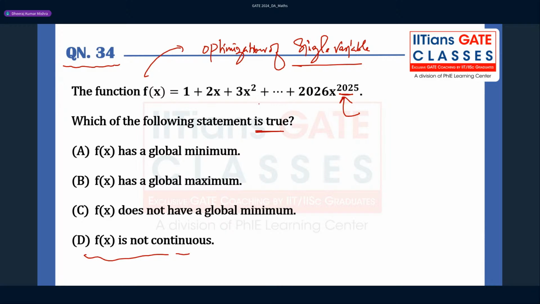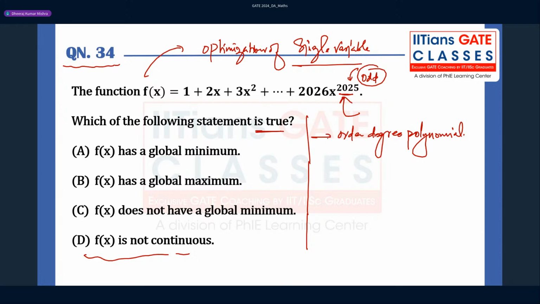So what you can do here is, and this is a very important point that I'm going to tell you. You can see the polynomial has the degree 2025, which is odd. So it is nothing but an odd order polynomial, or you can say an odd degree polynomial. In the question it is given as an odd degree polynomial.